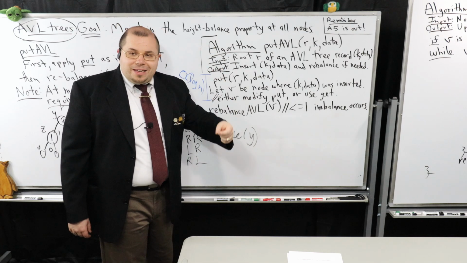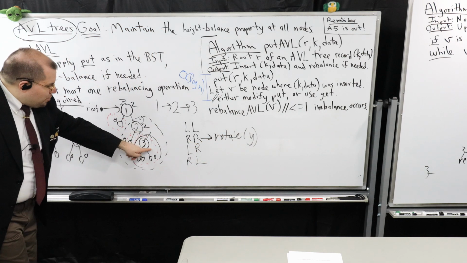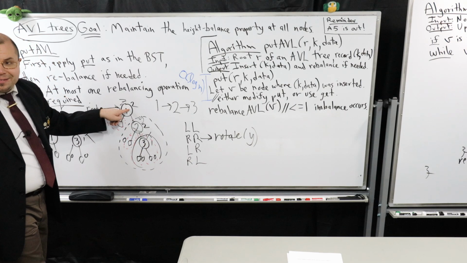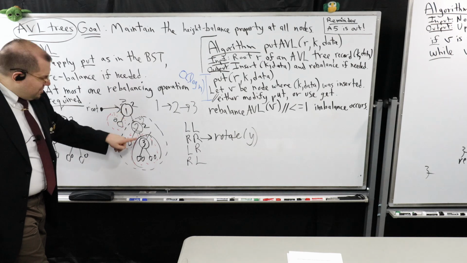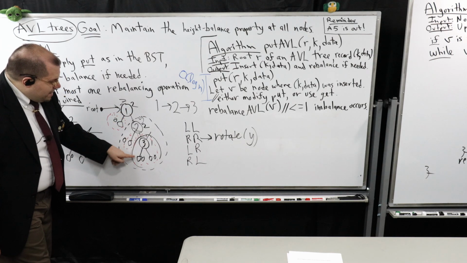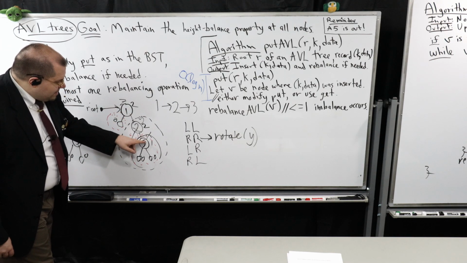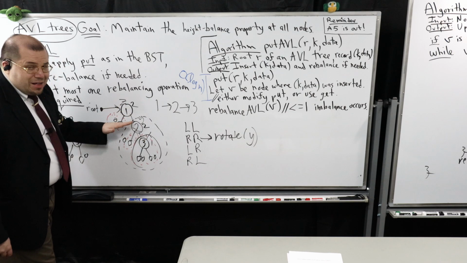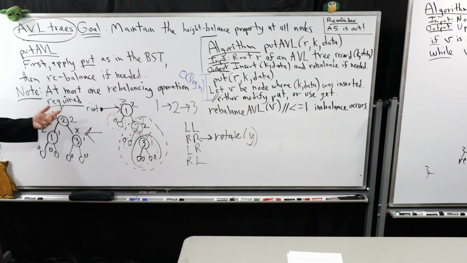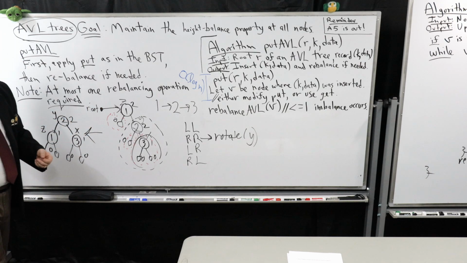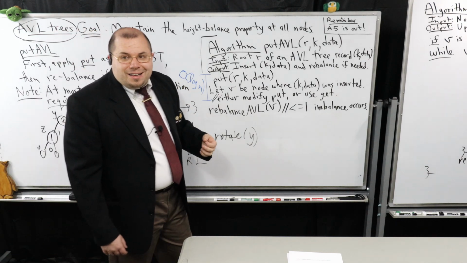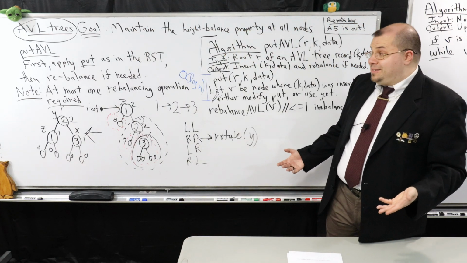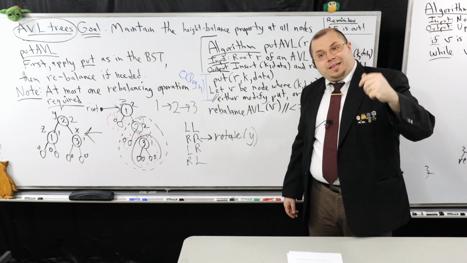One is how I'm updating these heights. Notice in the example, I walked from this node upward up the tree, updating the heights. Did anybody notice that? I started down here, updated its height, then updated this one's height, and worked my way up until an imbalance happened. I make the correction, then update its height. Theoretically, I would keep walking up the tree in case there are more imbalances, updating the heights.